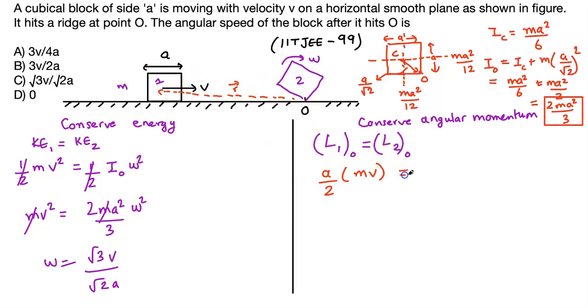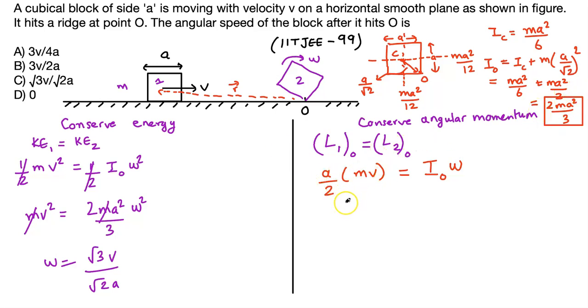And in the second state, the angular momentum about the point O, we're assuming it's in pure rotation, right? So that will be nothing but the moment of inertia about point O times omega, right? So we have that.